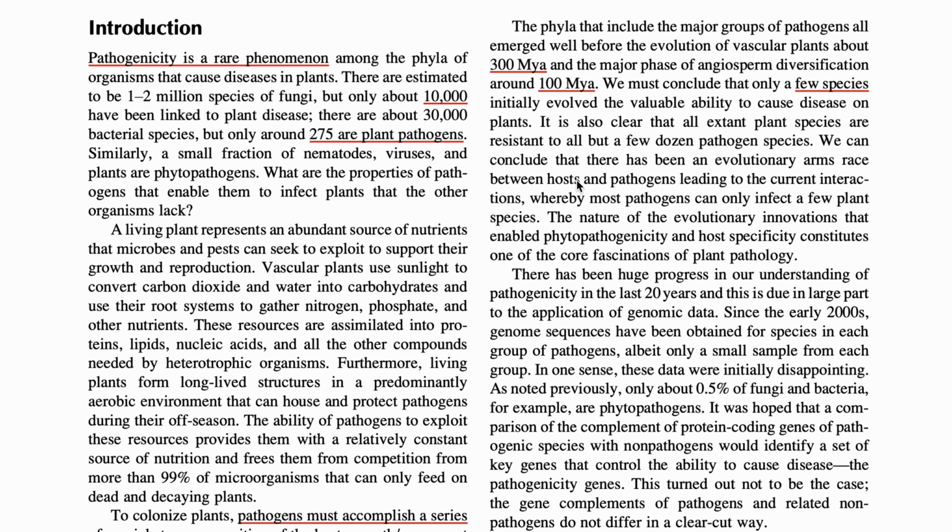Also, we can conclude that there has been an evolutionary arms race between the host, meaning the plants, and the pathogens, leading to the current interaction, whereby most pathogens can only infect a few plant species. The nature of the evolutionary innovations that enabled pathogenicity and host specificity constitutes one of the core fascinations of plant pathology.